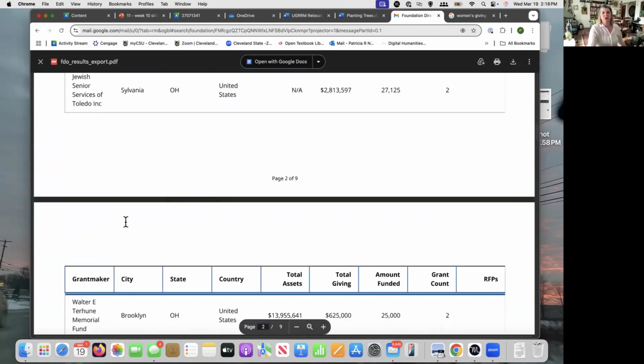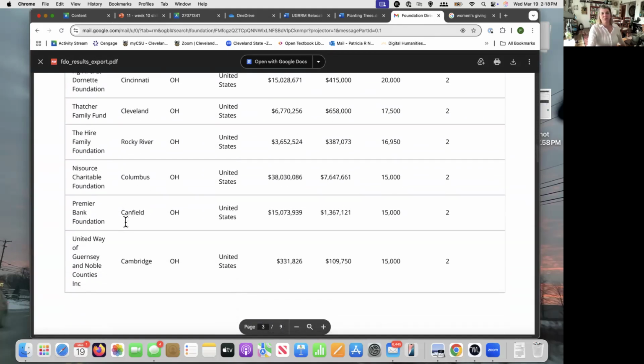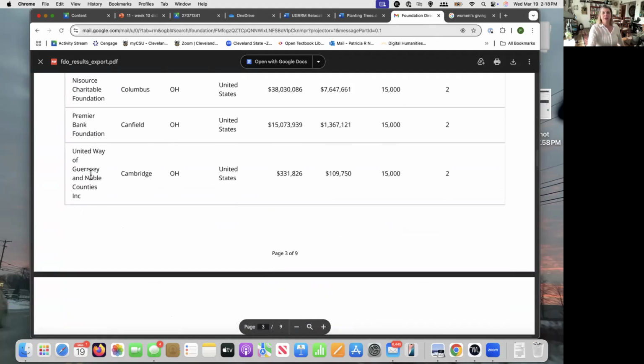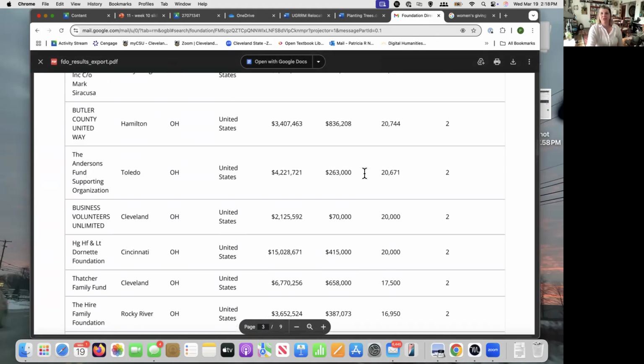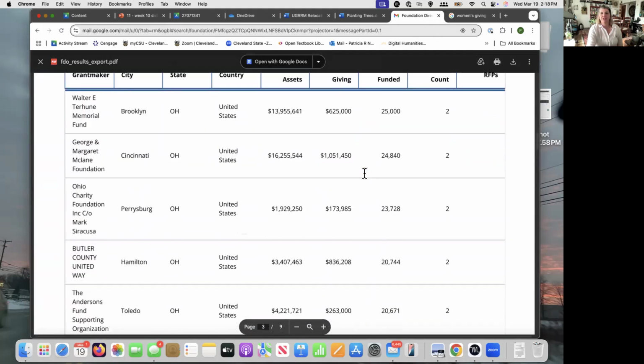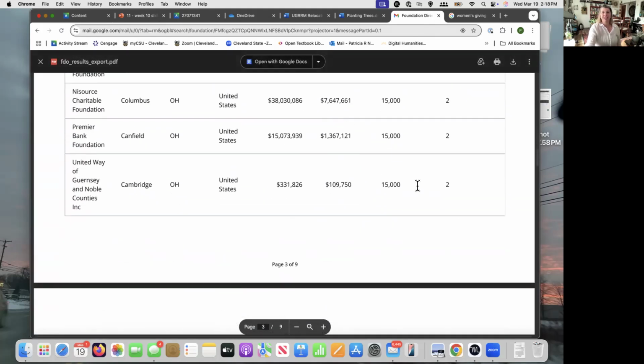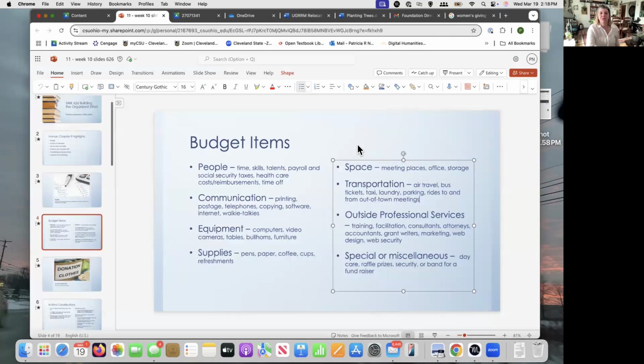These are all of the organizations that donate to places around Cleveland, and maybe the United Way of Guernsey and Noble Counties in Cambridge, Ohio. They gave out $15,000 recently. They funded 2 grants, so maybe they give someone $8,000 and someone $7,000. Maybe United Way has some transportation money in there, and I could ask for $7,000 specifically for transportation.